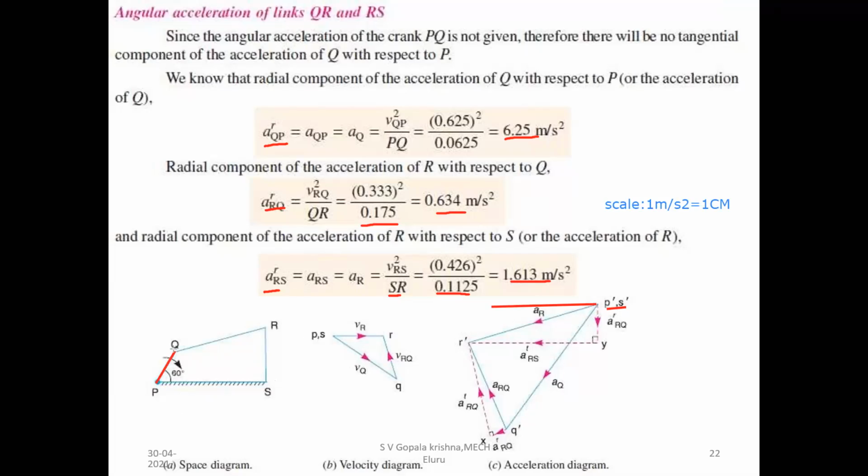So it is parallel to this direction, and the length is 6.25, which means 6.25 centimeter. You have to draw 6.25 centimeter in the direction of PQ. Just draw it. Do you understand?